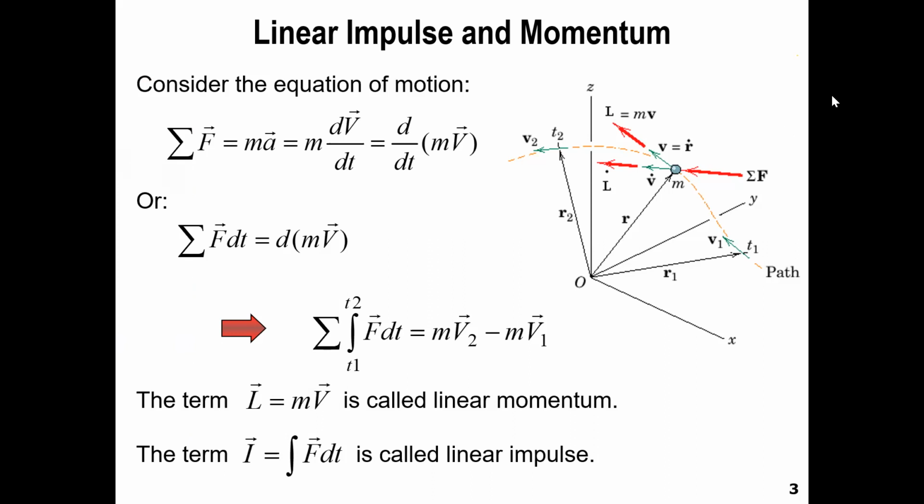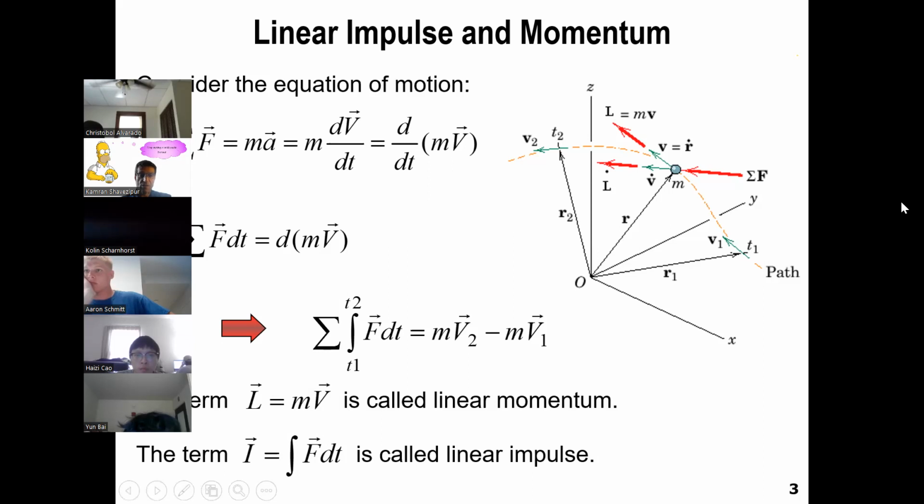So hopefully this example helps you remember that linear momentum not only depends on the velocity, it also depends on the mass. That is why if someone hits you with a ping pong ball at high speed and a basketball at high speed, you have a different feeling, right? Which one hurts more? The basketball, because it has maybe 100 or 200 times more mass than a ping pong ball.